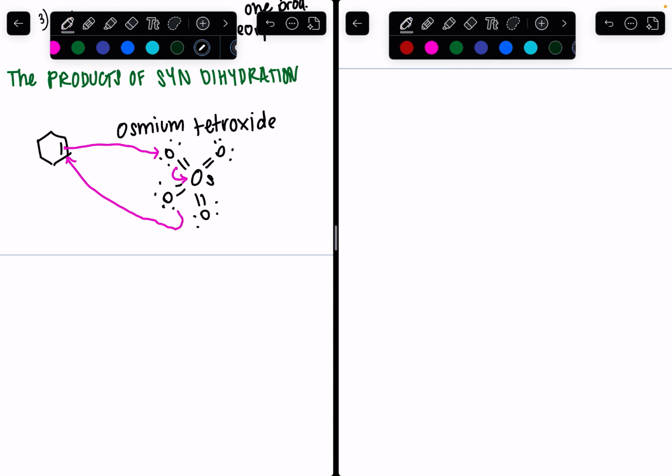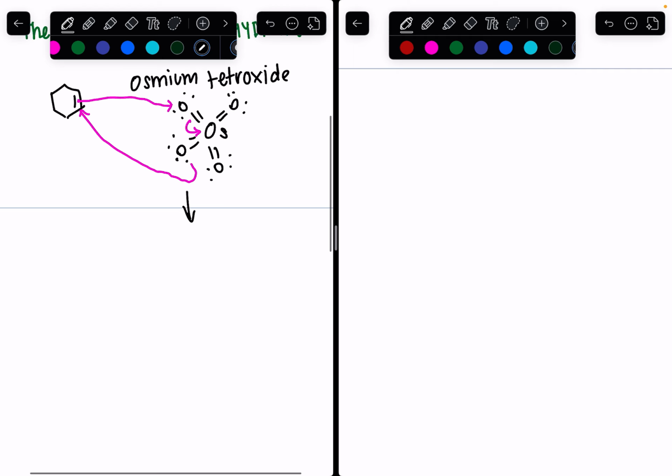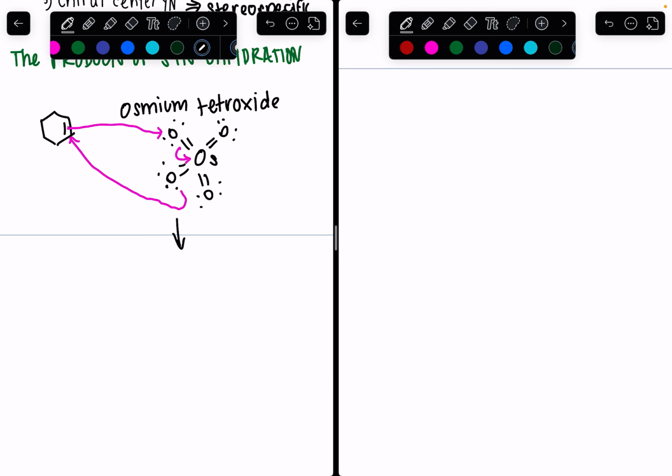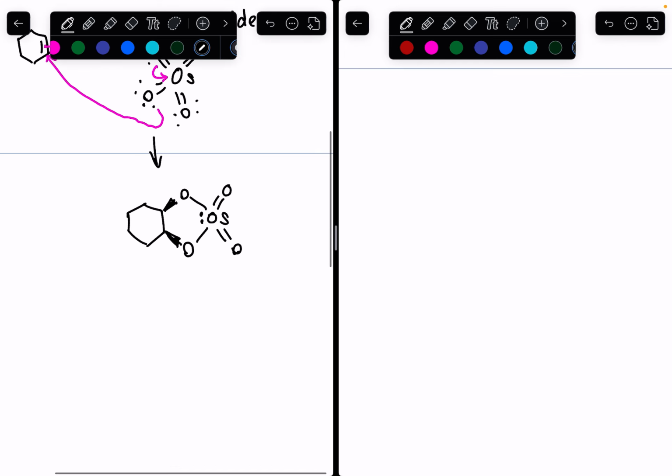So what product will we get from this? Well, remember, we're doing syn addition, which is going to look like this. And now we want to do our dehydroxylation and produce a diol.